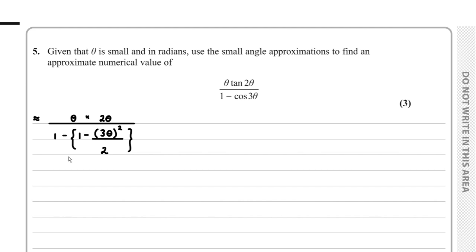So, for the numerator, theta times 2 theta is 2 theta squared. For the denominator, 1 subtract 1 is 0. Then we have negative 3 theta squared over 2, that is 9 theta squared over 2. And this will simplify to 4 over 9.